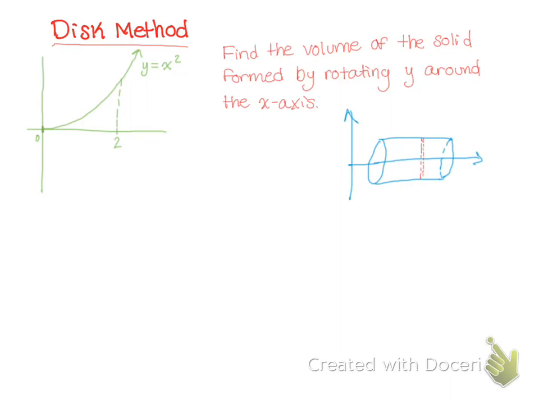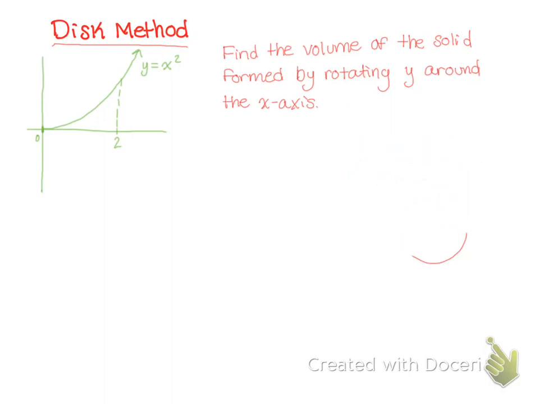Well, if you look at it on end, it's going to just be a circle, okay? The x-axis is going to be in the middle there. Up to that point, that's going to be f of x, all right? And so this is just a tiny little portion, and so it's a solid circle. That's why we call it a disk, okay?